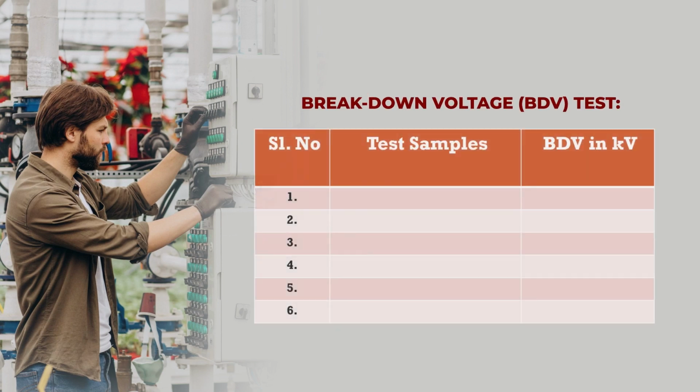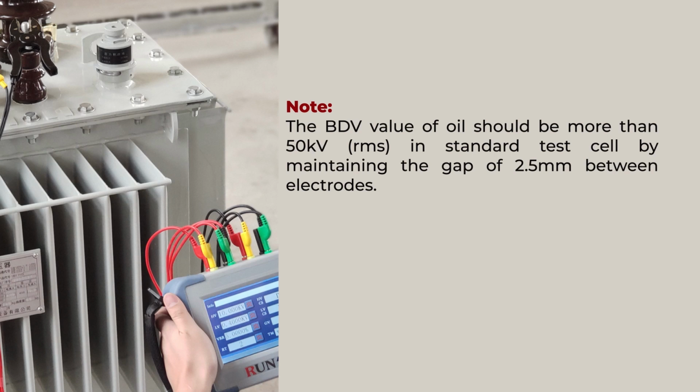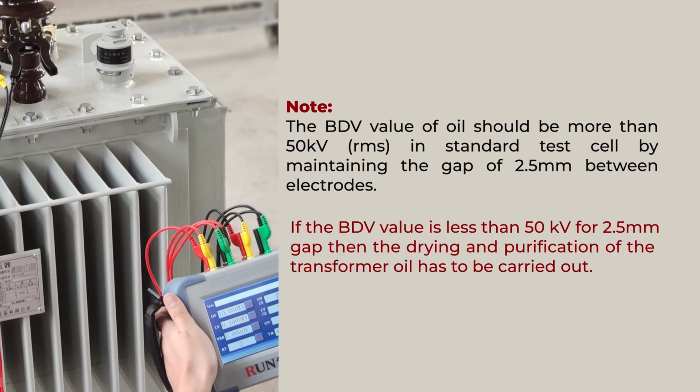So you have to take the oil sample, test it in a breakdown oil test kit, and you have to take at least 6 tests, 3 tests for the tank bottom oil and 3 tests for the tank top oil, and then you have to take the average, and it should be more than 50 kV in standard test condition by maintaining the gap of the electrode as 2.5 mm.